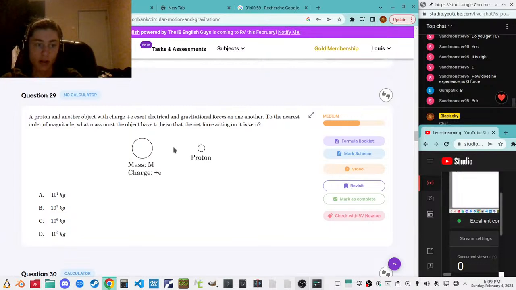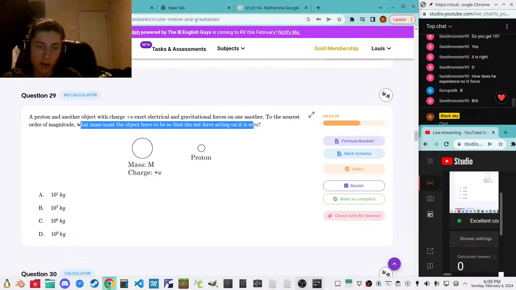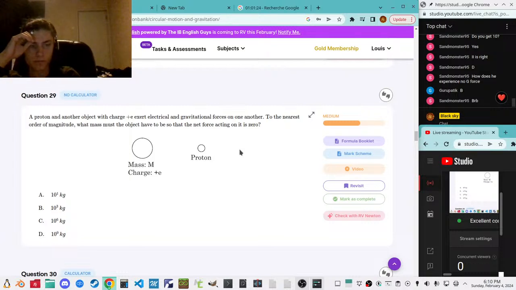Almost halfway. A proton and another object with charge plus E exert electrical and gravitational forces on one another. To the nearest order of magnitude, what mass must the object have so that the net force acting on it is 0? Mass m, charge plus E, proton.